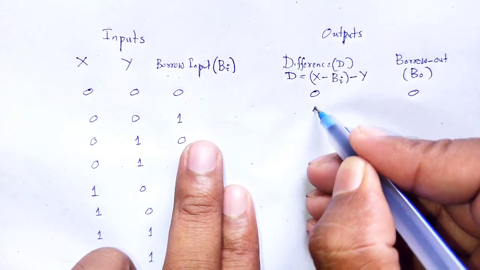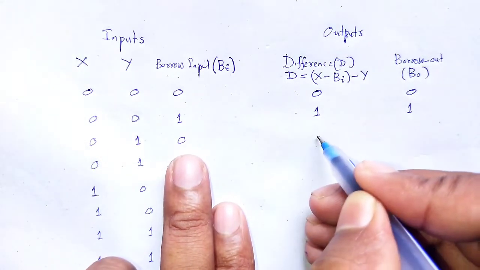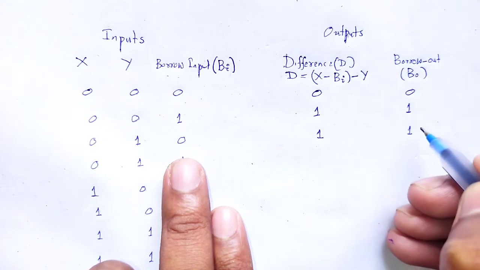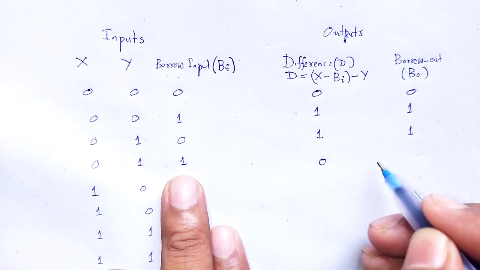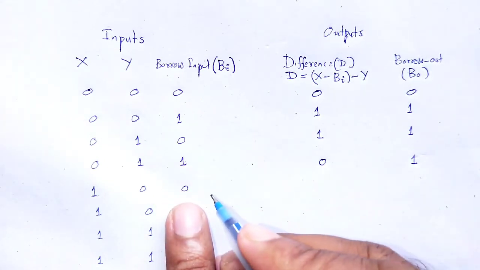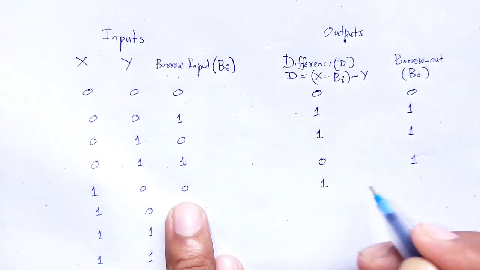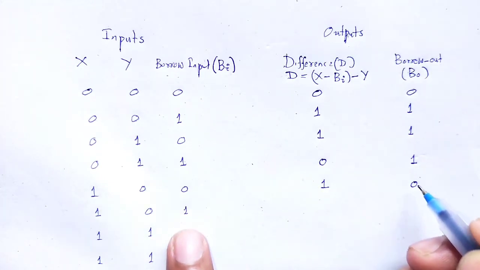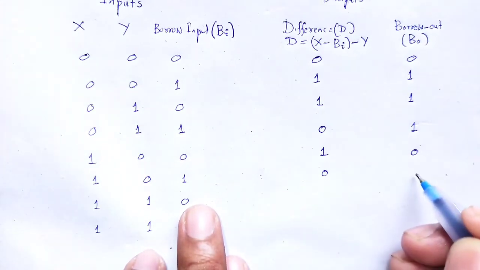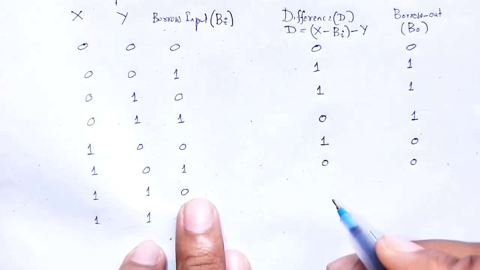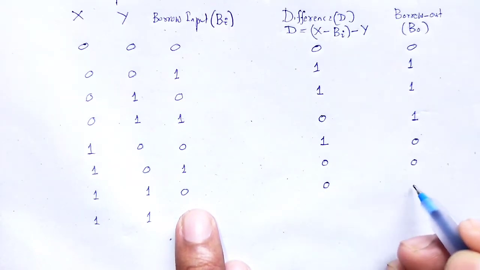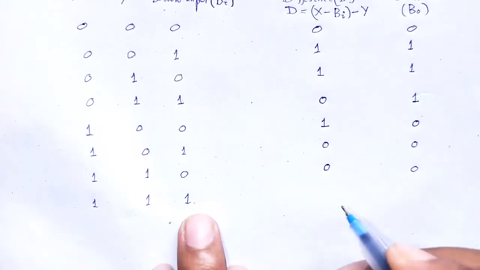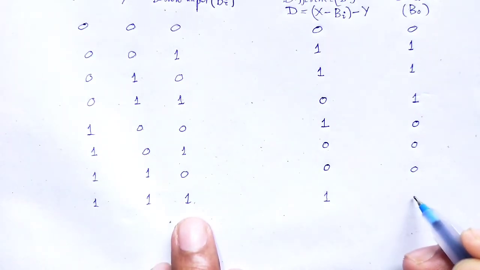Here 1, borrow 1; 1, borrow 1; 0, borrow out 1; 1, borrow out 0; 0, borrow out 0; 0, borrow out 0; 1, borrow out 1.